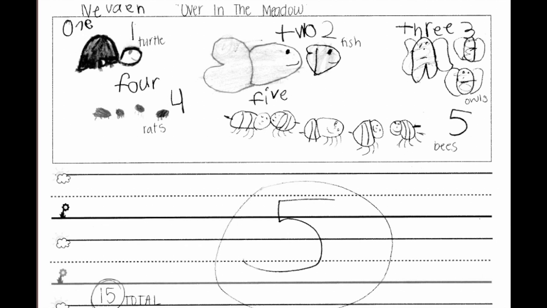Nevian did the same, drew all of the characters, but also labeled them with both numerals and numbers, and then counted up to find 15 total, which you can see at the bottom.